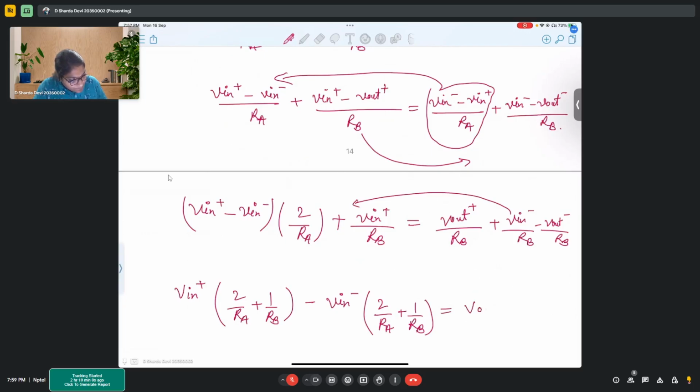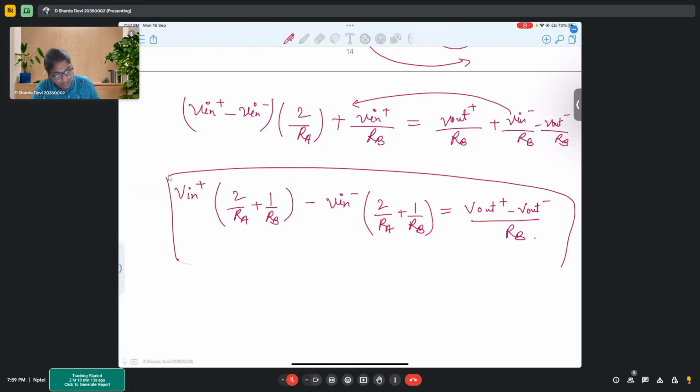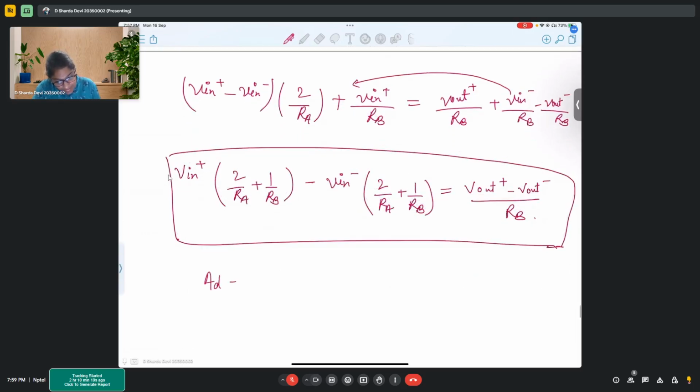is equal to V out plus minus V out minus by Rb. Correct? Now, AD will be V out plus minus V out minus upon Vn plus minus Vn minus.